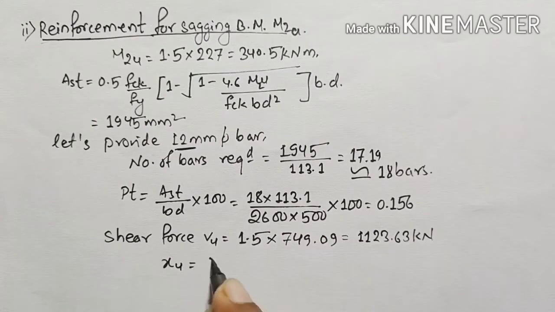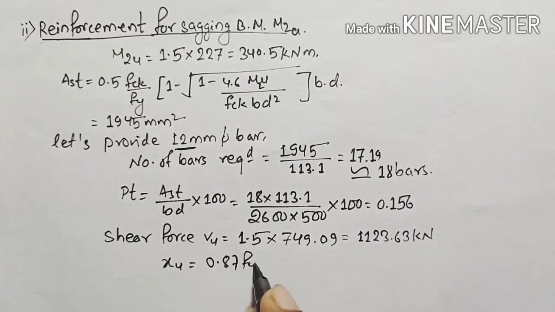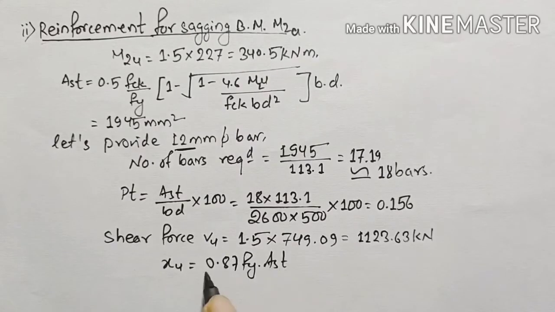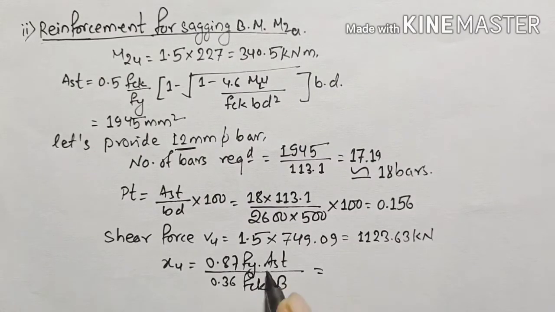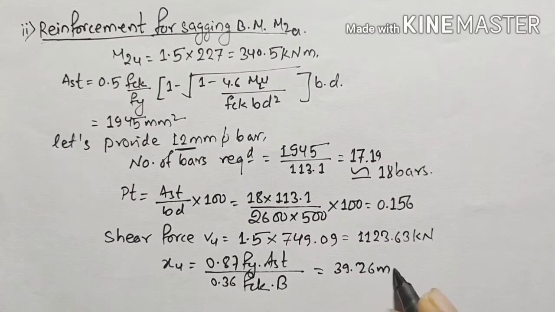Now after finding the value of VU, let's find out the depth of the neutral axis, that is XU equals 0.87 Fy times AST by 0.36 FCK into B, and after putting the values here, we will have XU equals 39.26 millimeter.